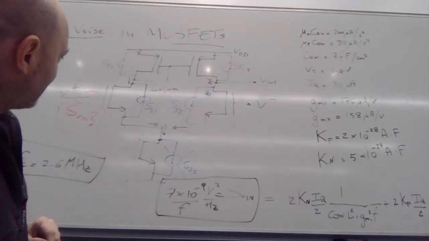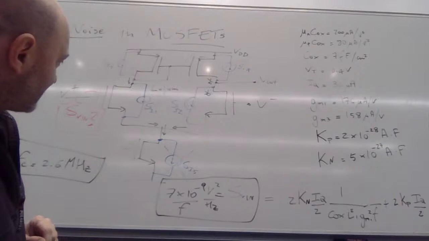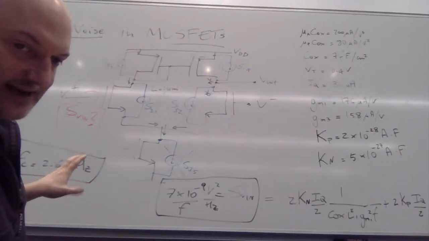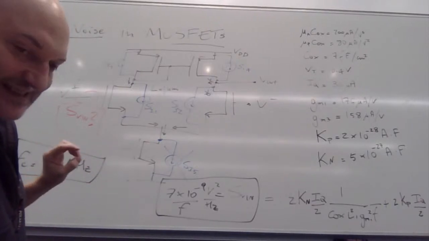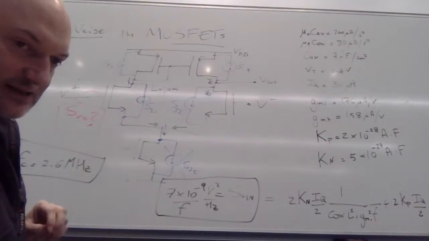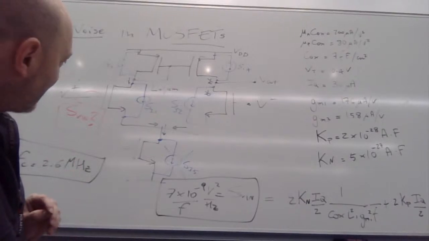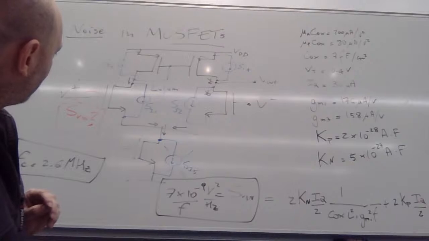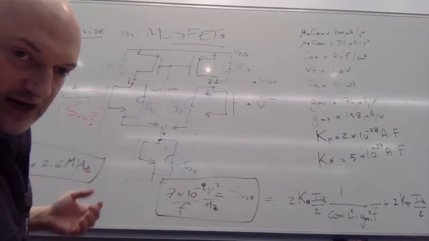You will actually get a very good result just by doing this calculation by hand, with the advantage of understanding exactly where the dominant noise sources are, so you can do something about it.